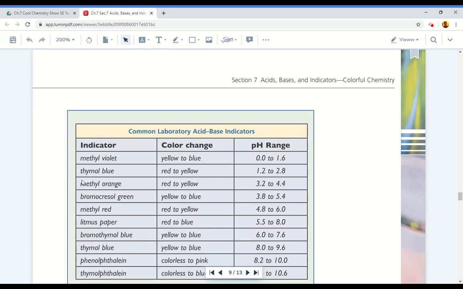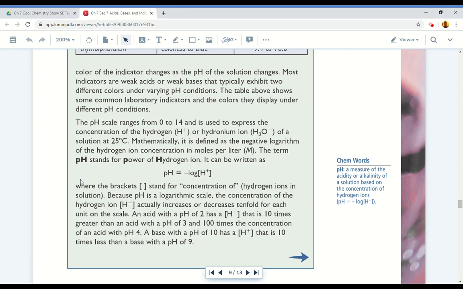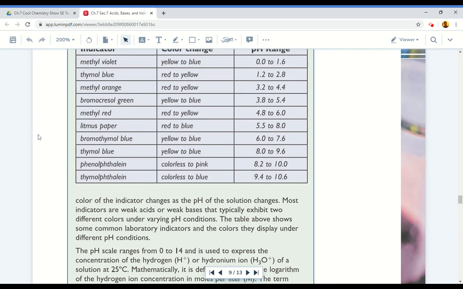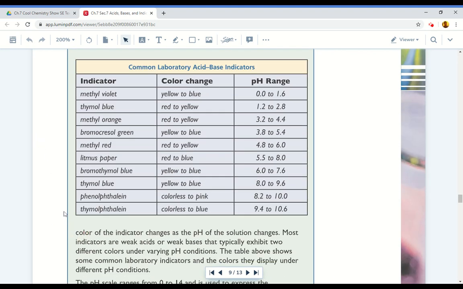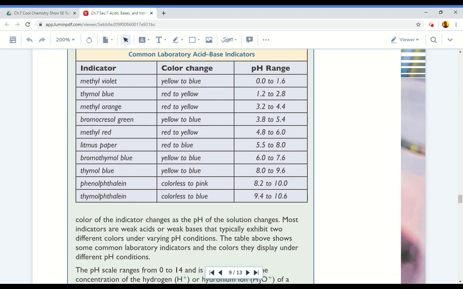The color of the indicator changes as the pH of the solution changes. Most indicators are weak acids or weak bases that typically exhibit two different colors under varying pH conditions. The table above shows some common laboratory indicators and the colors they display under different pH conditions.